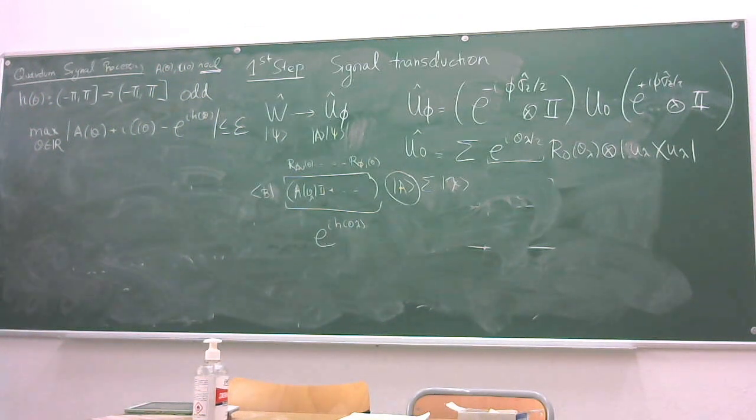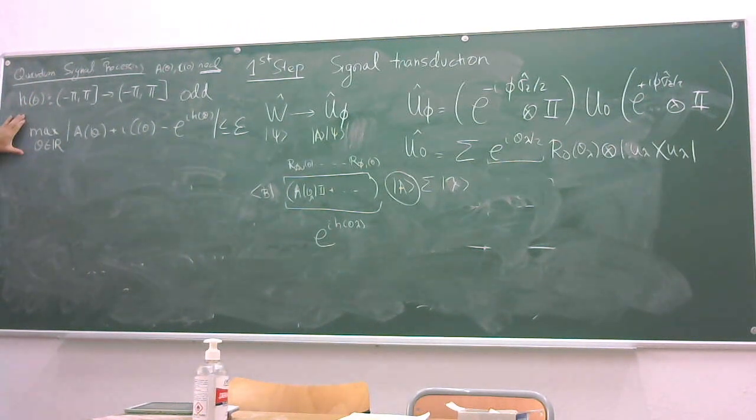So basically, with A and C being real functions, it is able to approximate these odd functions. And furthermore, we know how to compute the angles to achieve these A and C.